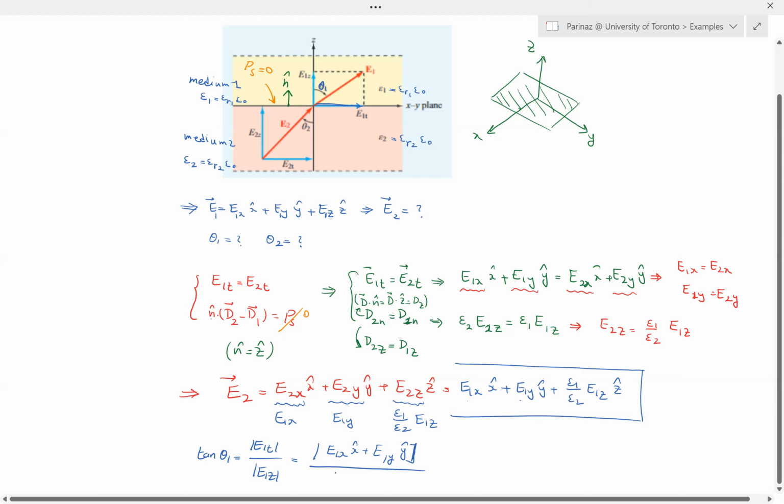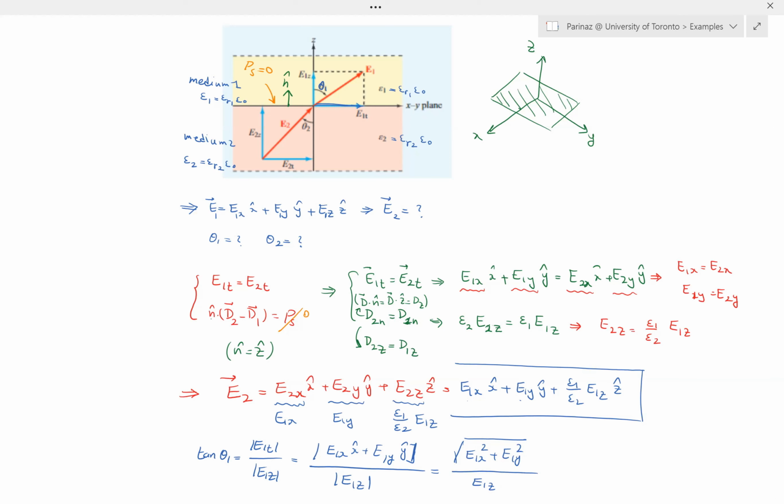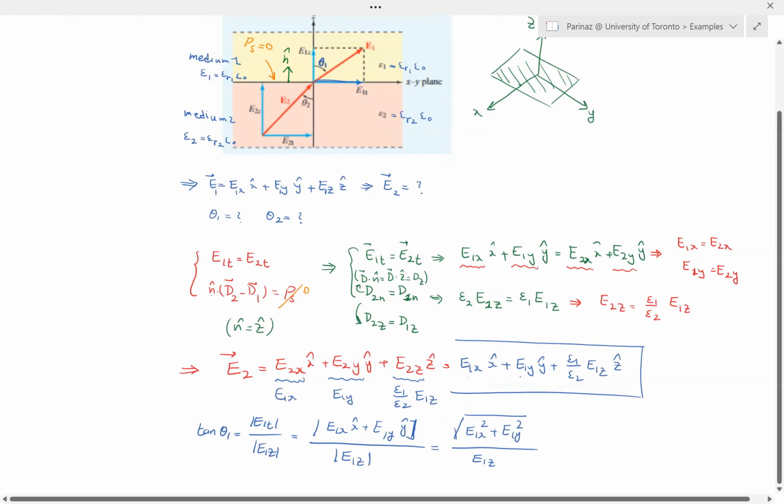And this is E1z. The amplitude of a vector is going to be the square root of E1x squared plus E1y squared, over E1z. So theta 1 is going to be tangent inverse of the square root of E1x squared plus E1y squared, over E1z.